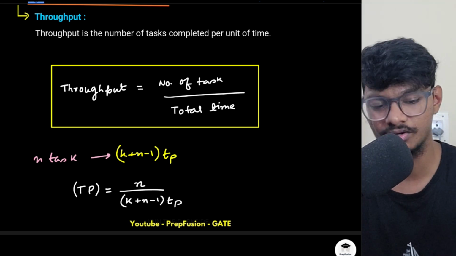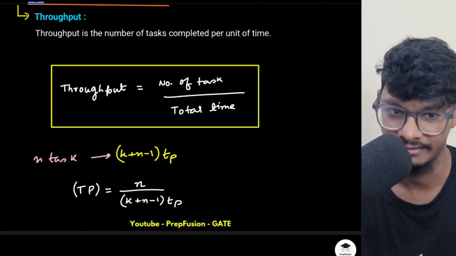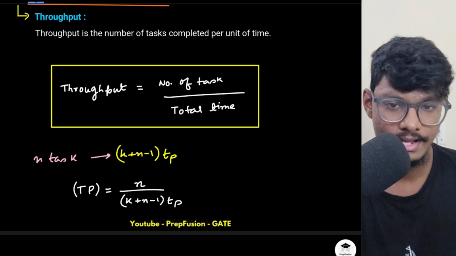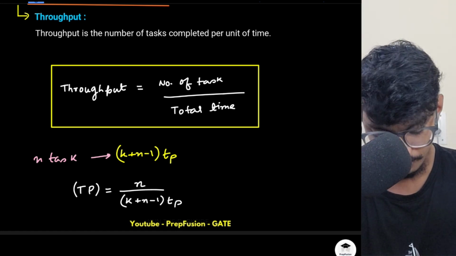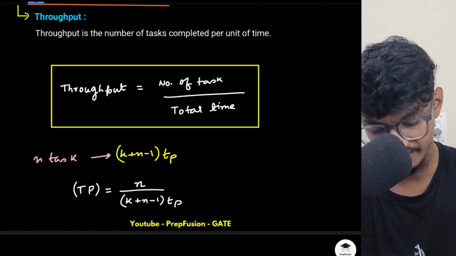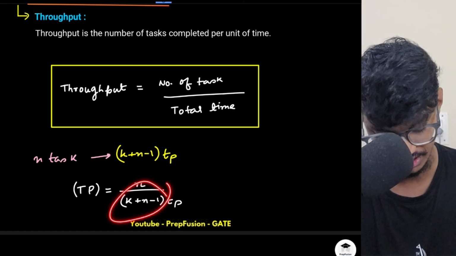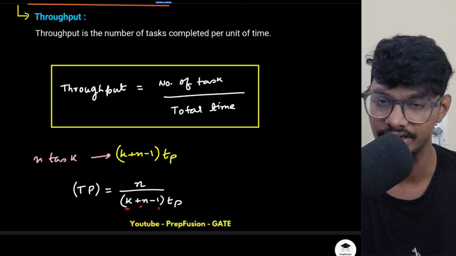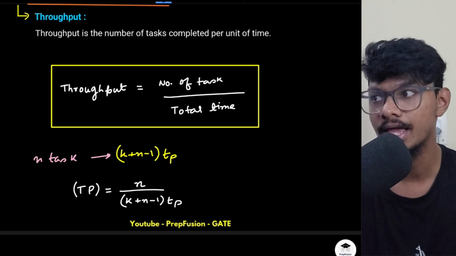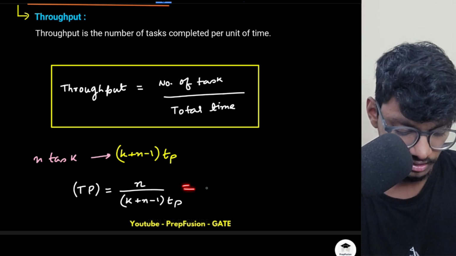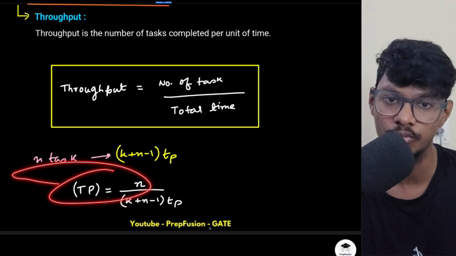So that is throughput. You can derive the formula, that's totally fine, right? Now the assumption is, if my n is very large compared to k, I can ignore this k minus 1 here. This will become n by n * TP. So overall, throughput becomes 1 by TP.